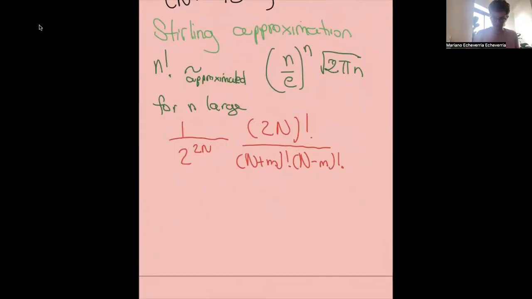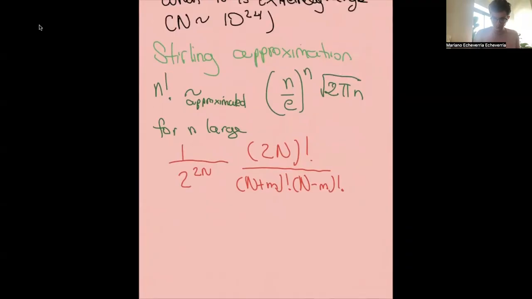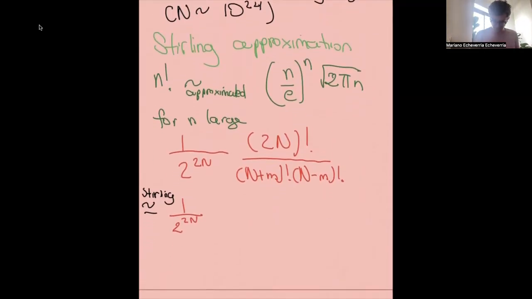So what would be the Stirling approximation? Let's use Stirling. 1 over 2 to the n, I don't want to touch that because it's already in power notation, so this is good to go. The first one, 2n factorial, I'll replace here, just putting n equals 2n.